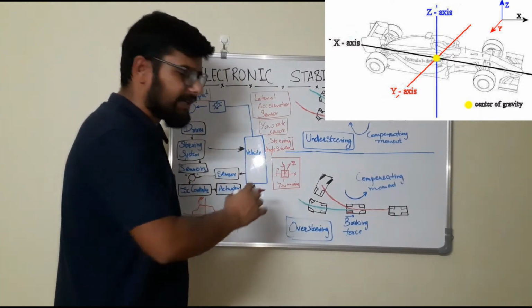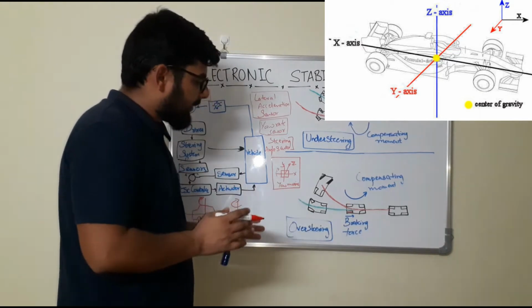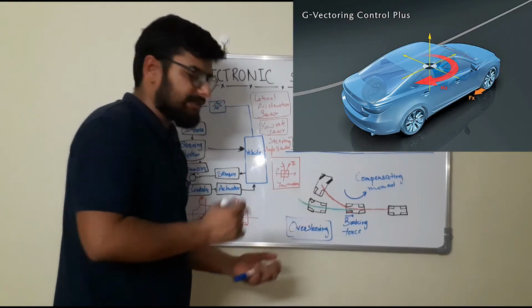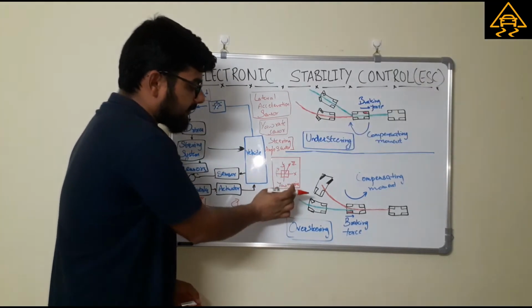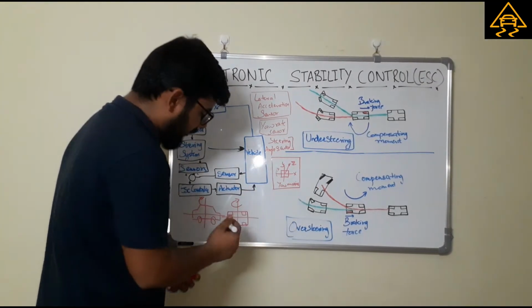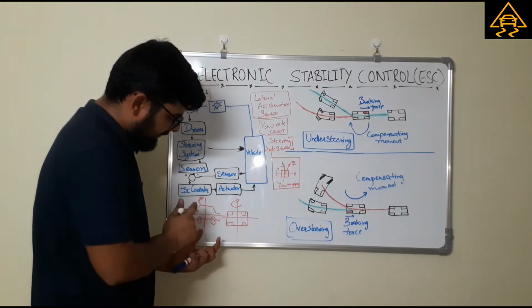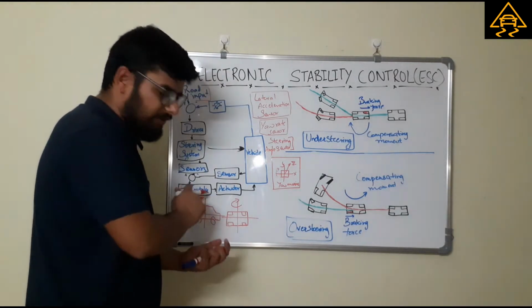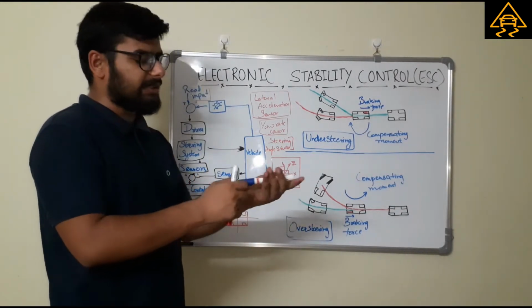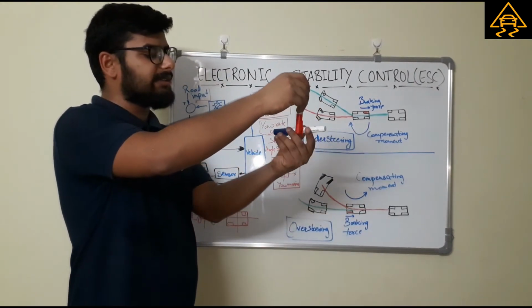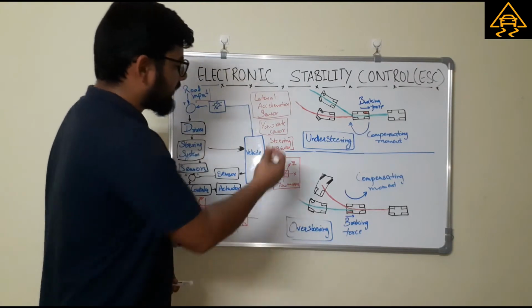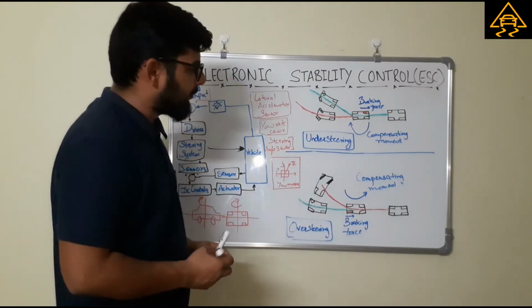When the vehicle moves around the z axis, we call it yaw movement. So if the vehicle is moving around its vertical axis like this, that is yaw movement, and the yaw rate sensor measures the yaw movement of the car.